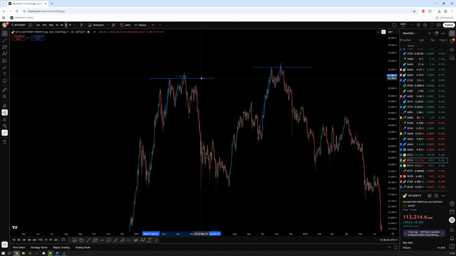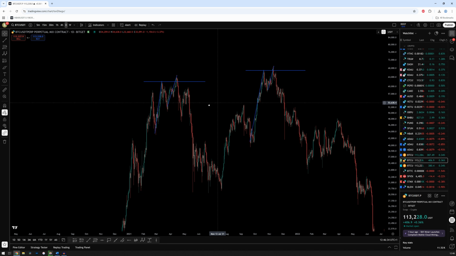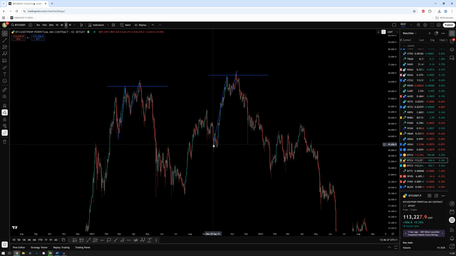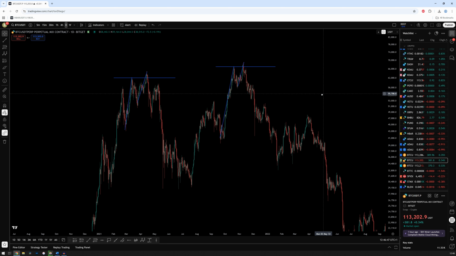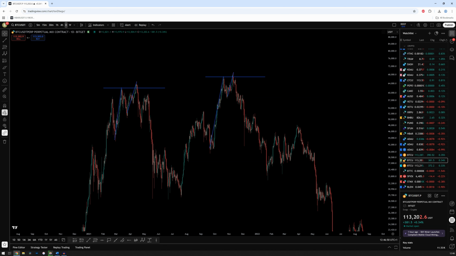So we had one over here, and then we had another chance over here. And these were some beautiful ABC entries, and had you held these trades you would have made a significant return.